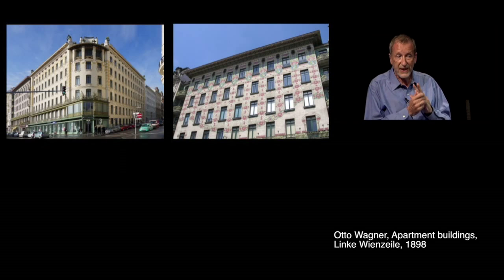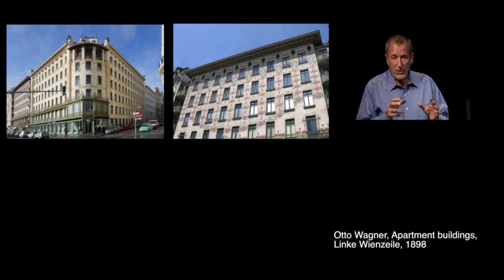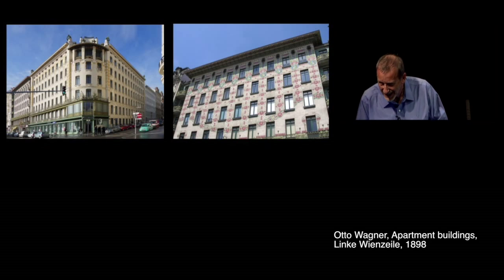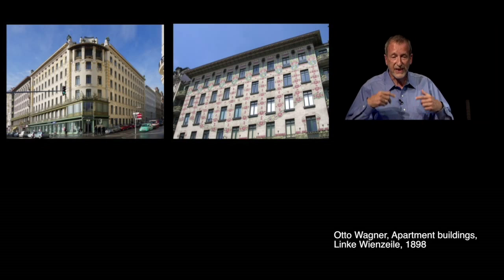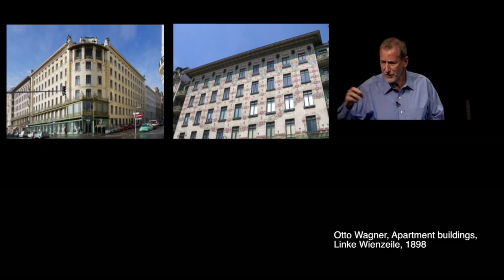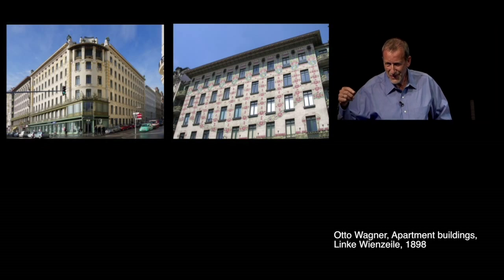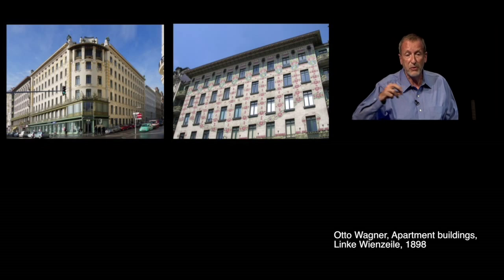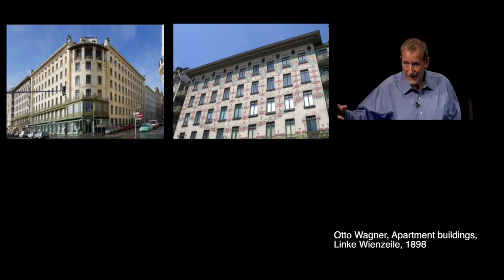And then the fourth, and that's the very modern to me, is he says the form evolves by itself, rinnt aus der Feder, runs by itself out of your pen. Huh?